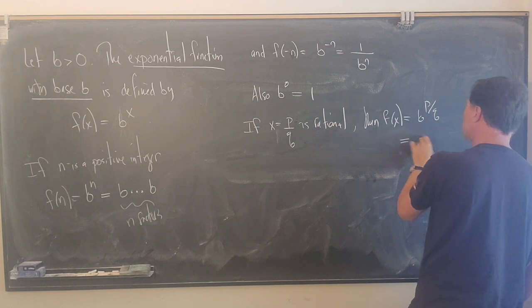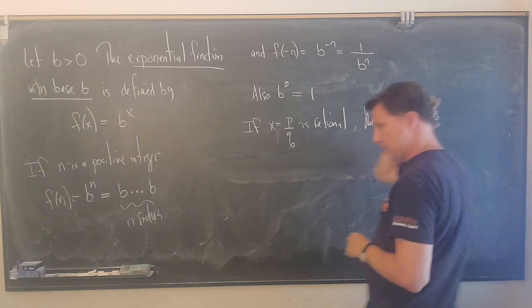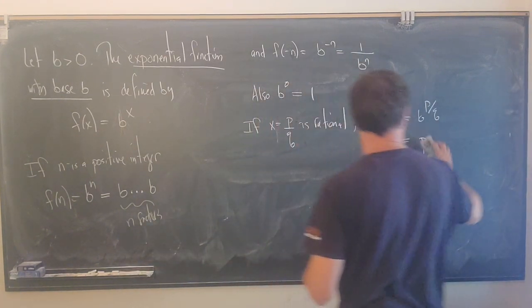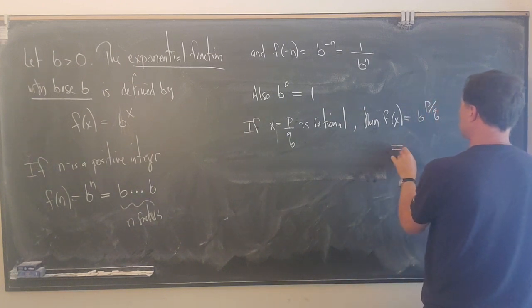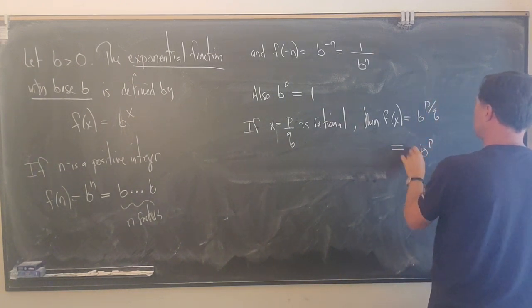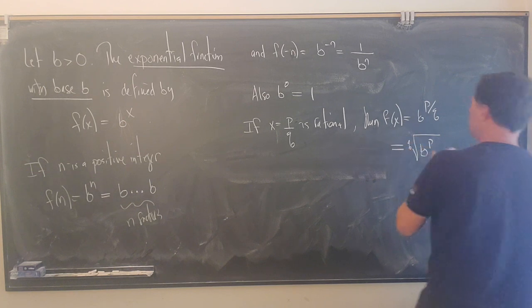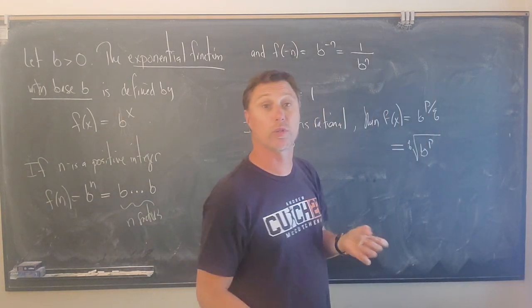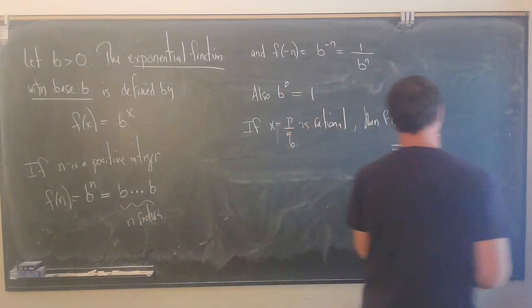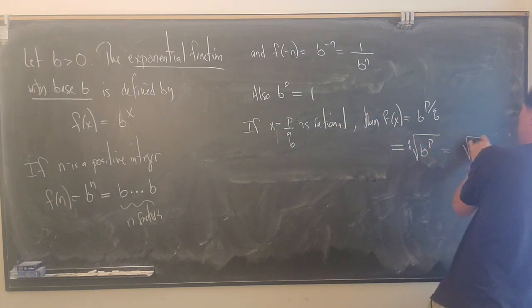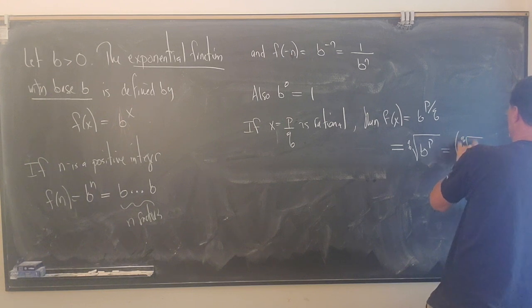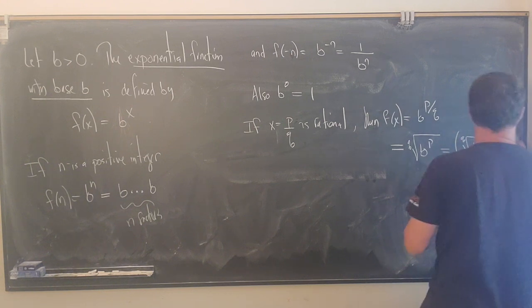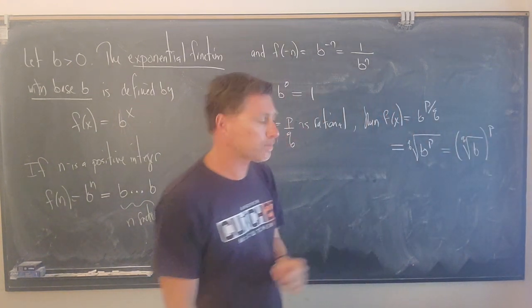And what that means is b raised to the p, and then you take the qth root of that. This can be written either way. It's the same as taking the qth root first and raising it to the pth power. So either of those is fine.